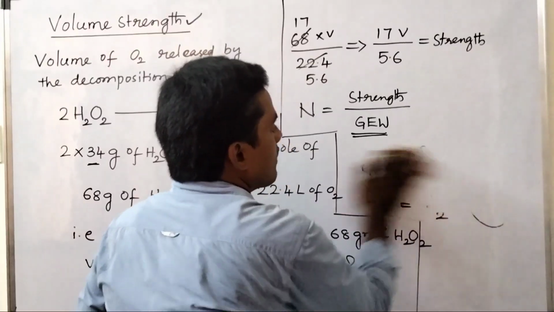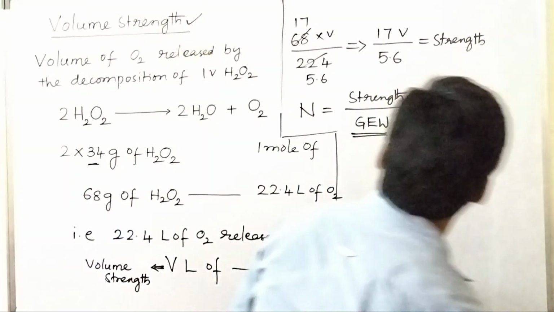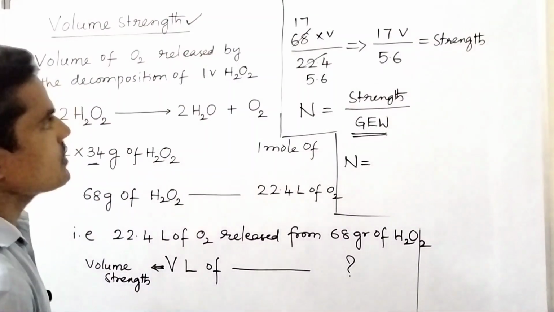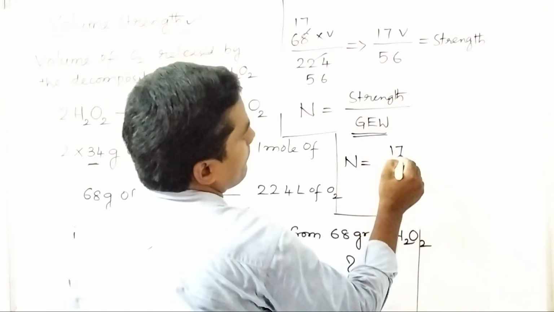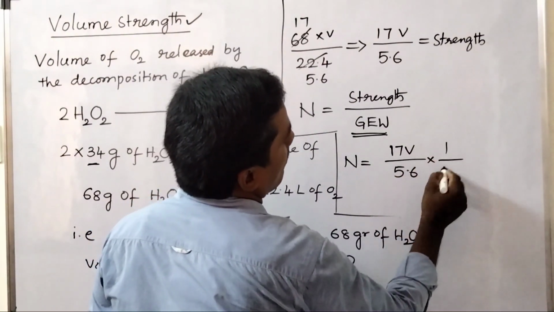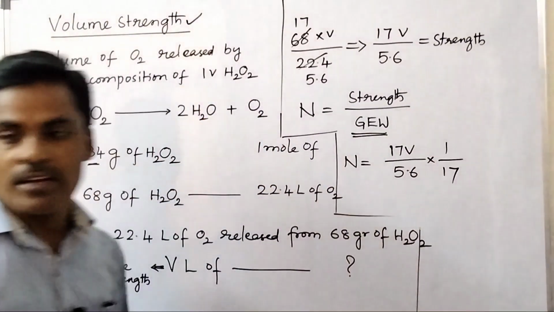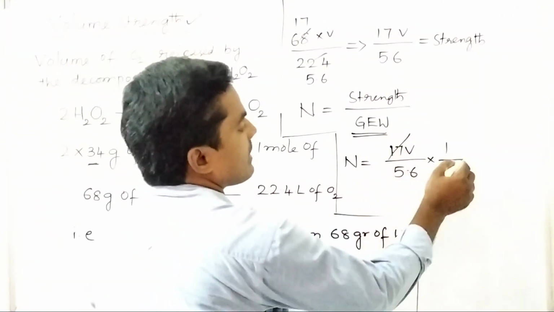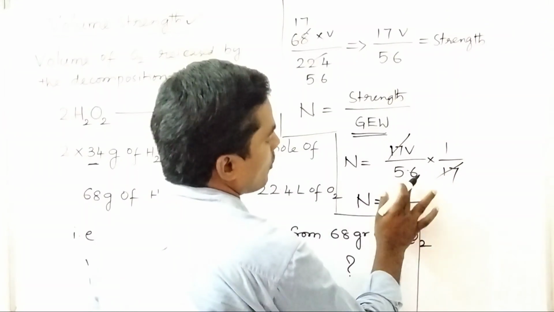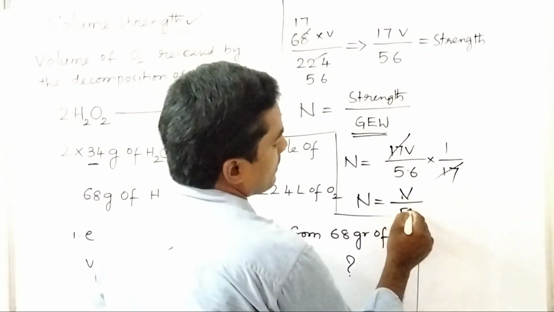Let me erase this one. Now the normality equals to strength, which is 17V upon 5.6, into 1 upon 17, the gram equivalent weight. The 17 gets cancelled, then normality equals to volume strength upon 5.6.